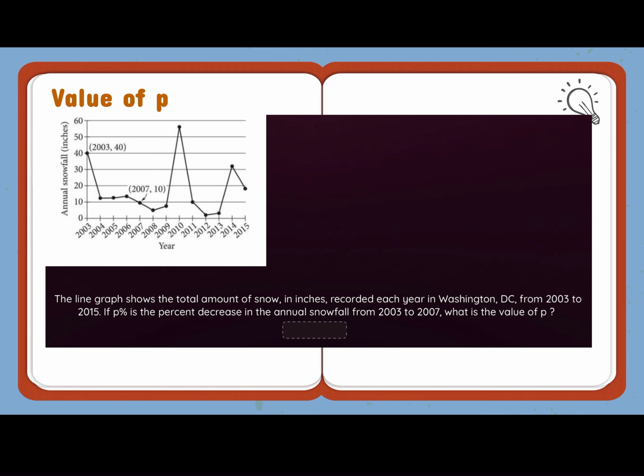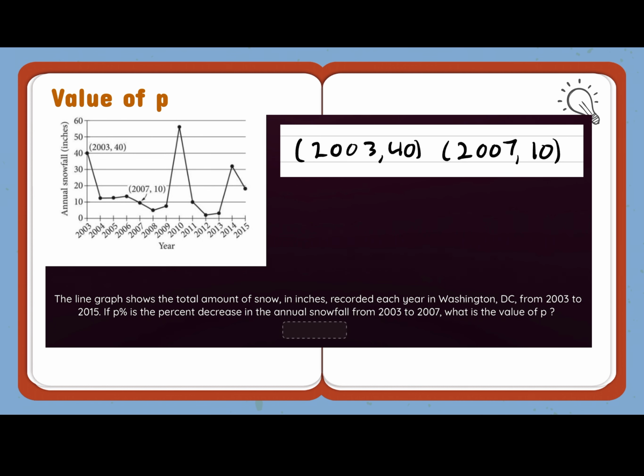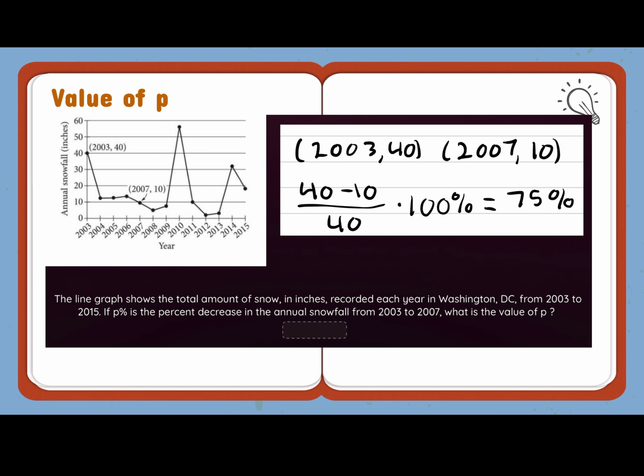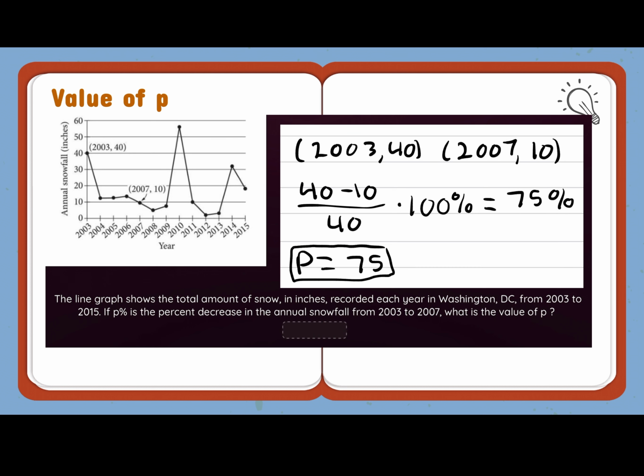So when we solve for this, again, we just do the percent increase formula, or rather decrease, and we know that there is a 75% decrease in the annual snowfall around this time period, and again, P is in percentage, so do not do this in decimal form, and this will be the whole number, 75.